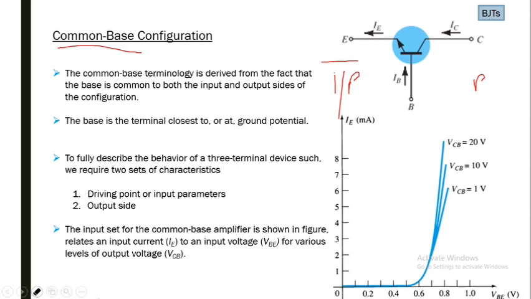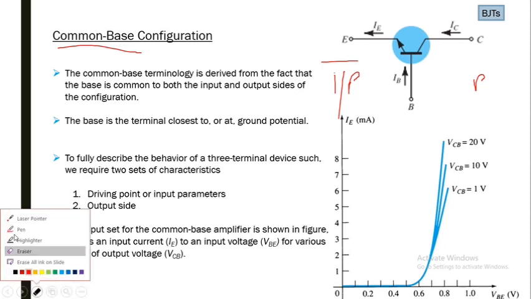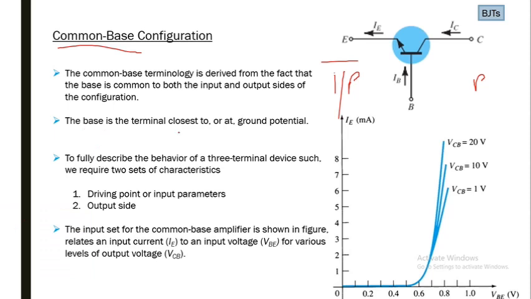So the common base terminology derives from the fact that the base is common to both input and output side of the configuration. The base terminal is closest or at ground potential. That means we apply input voltage with reference to base, and we measure output voltage with reference to base.